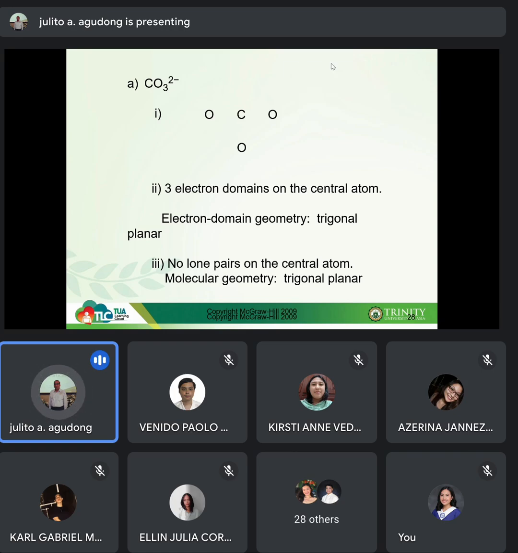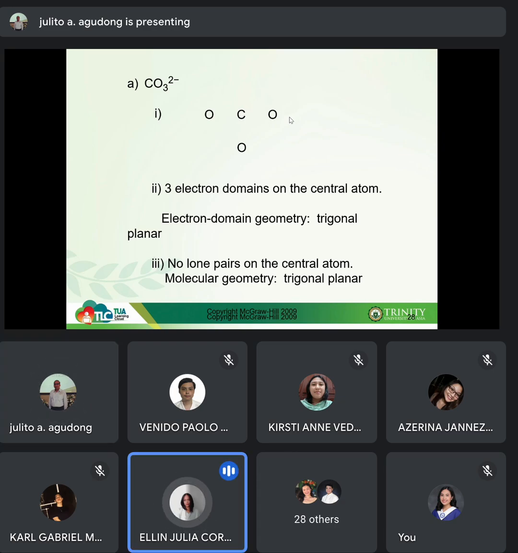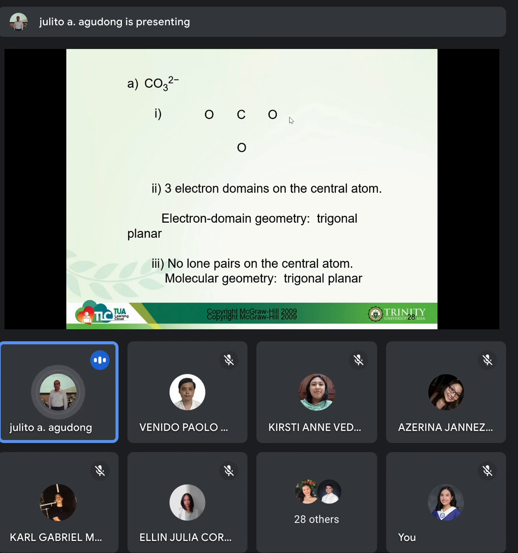You're going to distribute the 9 pairs to the terminal oxygen atoms. Each of the 3 oxygen atoms will get 3 non-bonding pairs each.